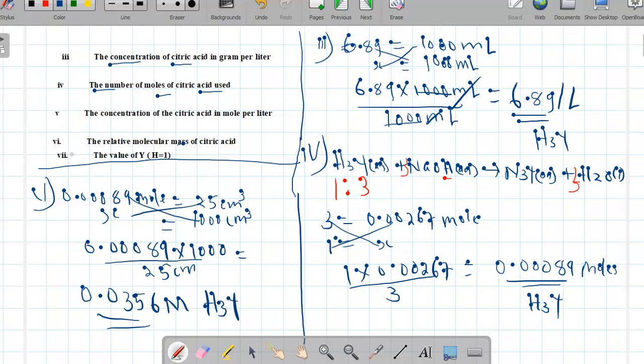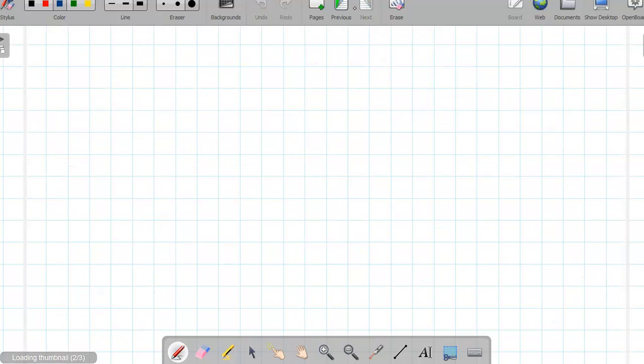Okay, the next question, Roman 6, is asking the relative formula mass of the citric acid, and Roman 7 is asking the value of Y. Now, to calculate Roman 6, you use this formula.